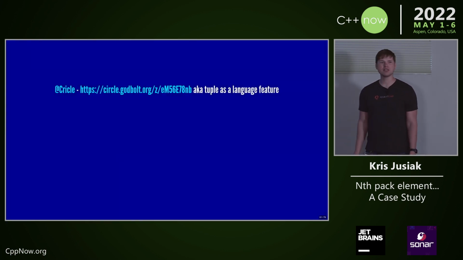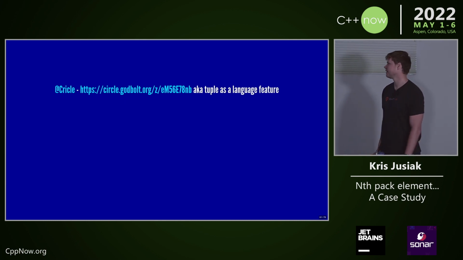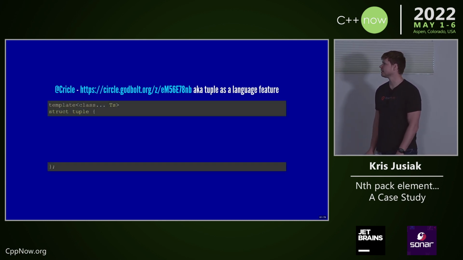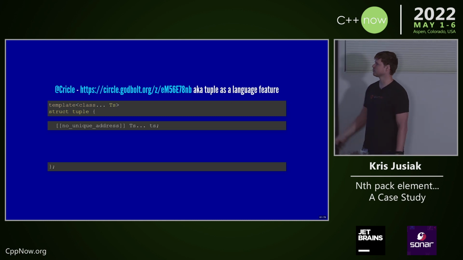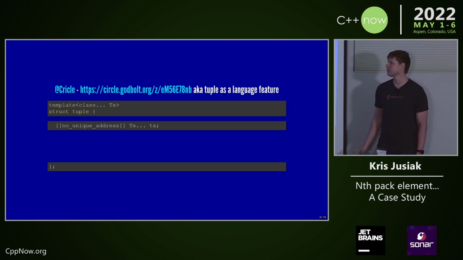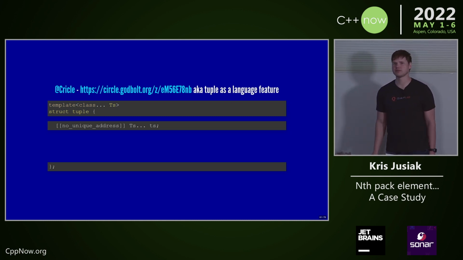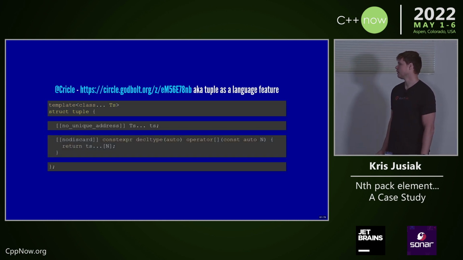So how can we implement tuple in Circle? Notice the blue background. I think that's how you should do that. So you have a tuple. We have TSS that. That's the feature which you are lacking the most, in my opinion. So we have the variadic pack, which is a start, and no unique address in case we don't have anything. And the get. Voila, tuple on a slide.